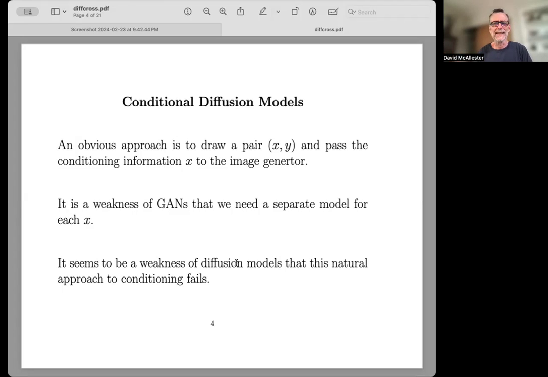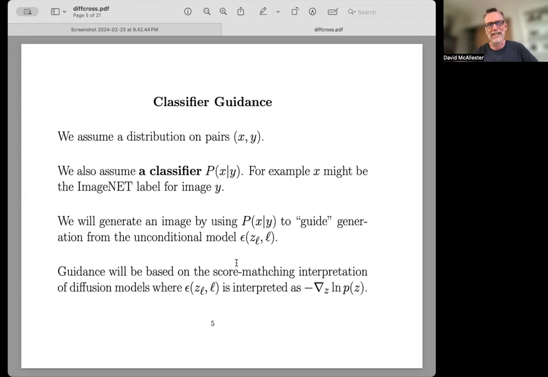But that doesn't happen. If you train an unconditional model, even with a diffusion model, you tend to get very poor images if you just do the class conditional model directly. So this paper introduced something called class conditional guidance or classifier guidance.